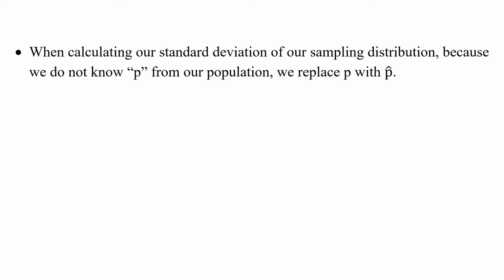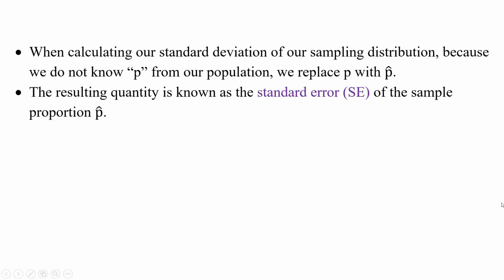Now, from here, when calculating the standard deviation of our sampling distribution, we used p for our sampling distribution, but because we don't know p from our population, our only other option is to use p-hat, what we get from our sample data. Because we're using p-hat instead of p when calculating our standard deviation, we change the word slightly into standard error of our sample proportion.